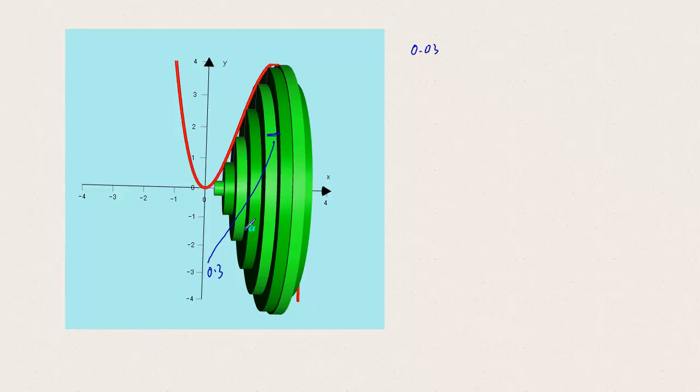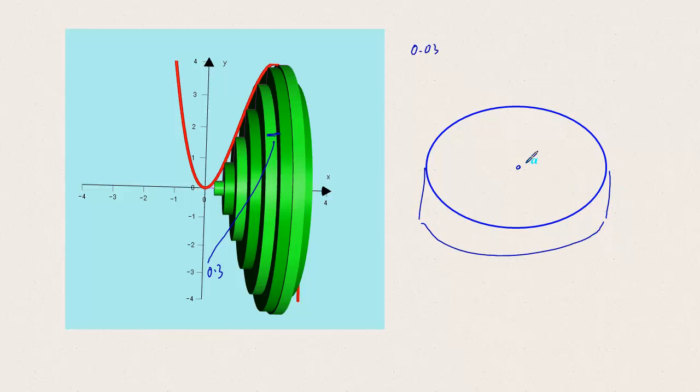So the thickness is 0.3, and if we drew the disc out, then the radius would be the height of the curve at this point, so the distance from the axis to the curve there.